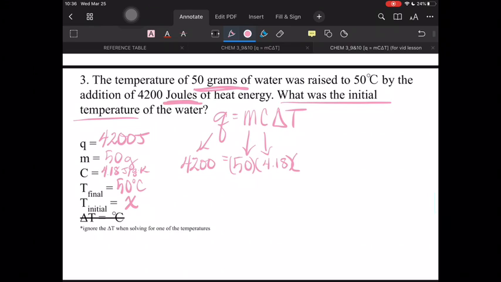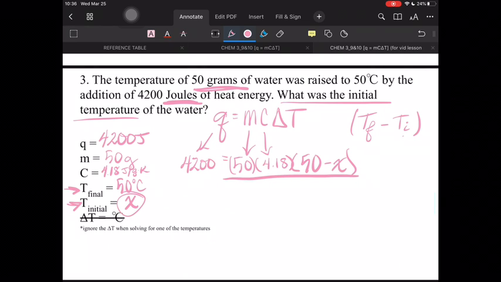Again, here is where our final initial situation is very important. So you have T final minus T initial. Our final temperature, if we go back to our variables, is going to be 50 minus our initial temperature, which is what we're looking for. So we're going to put an X there. And again, I'll go through the algebra on this one.